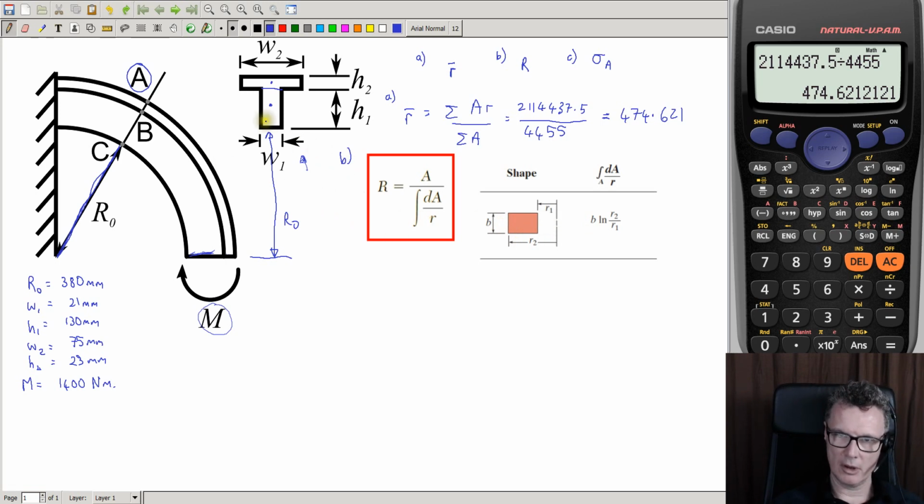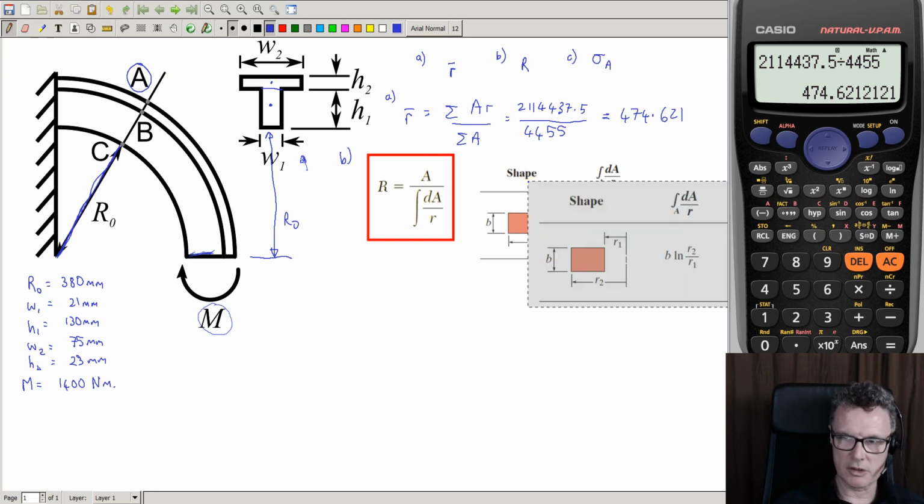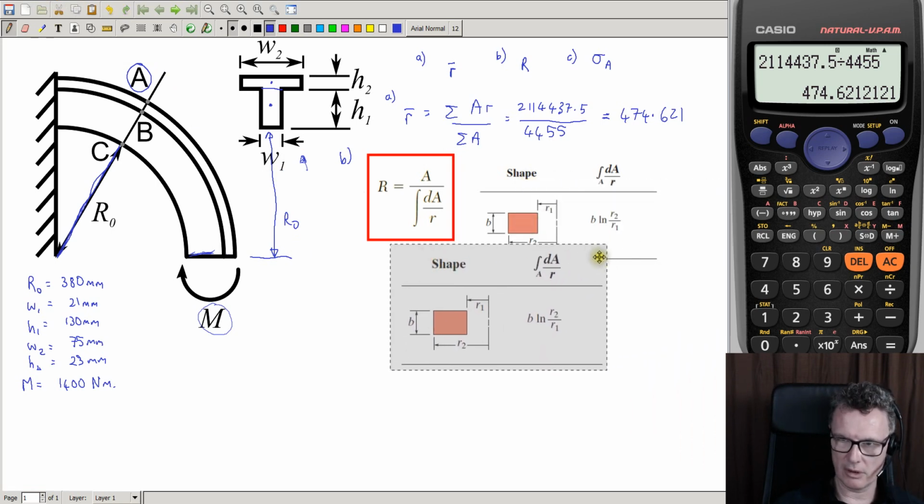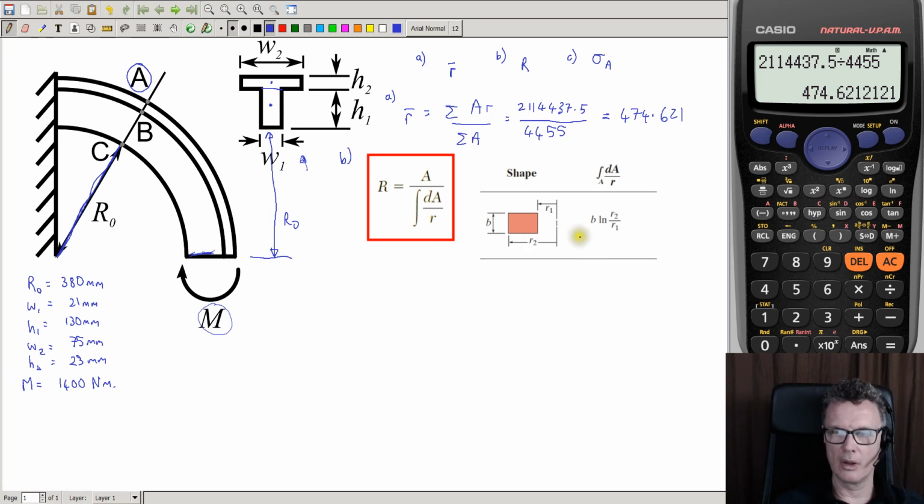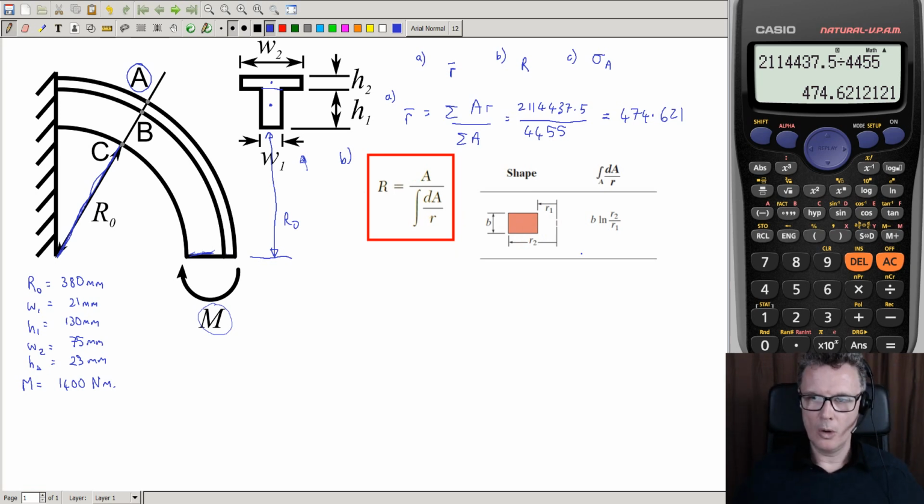So my R1 would be down here and my R2 would be here, and B is my distance there. I'm wondering, don't think I can move objects around. Let's just give it a go. Can I do that? No, I can't rotate it. Okay, so we don't work out the integral, we use this formula.